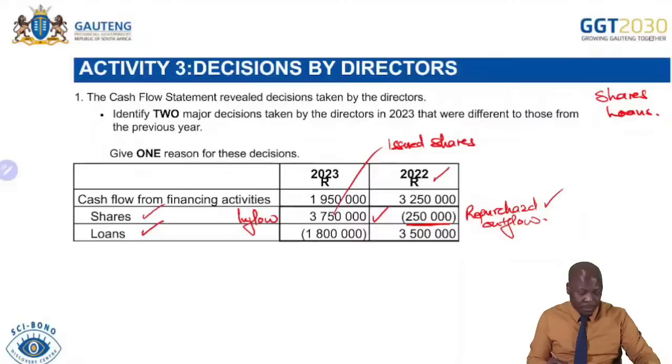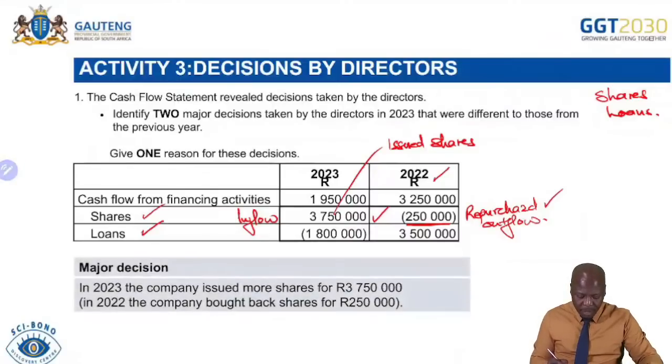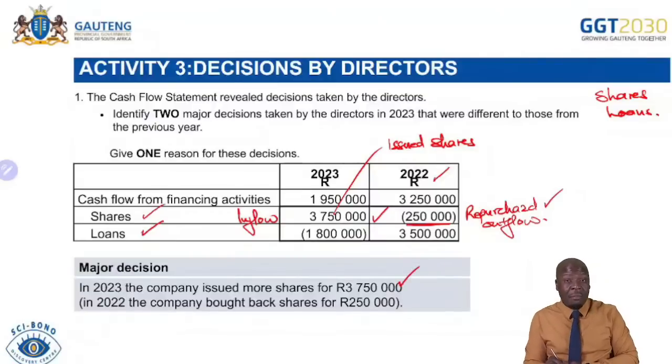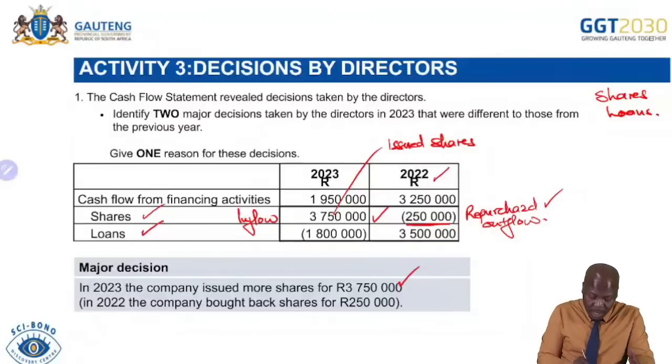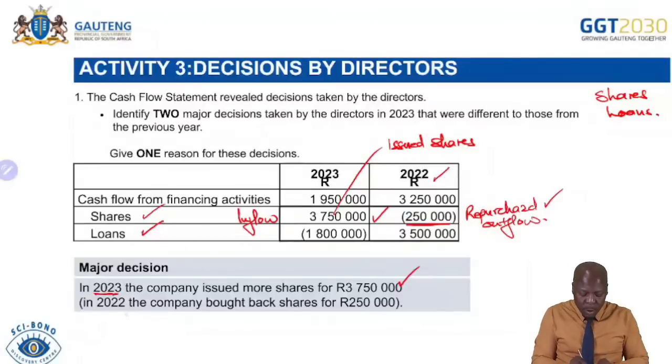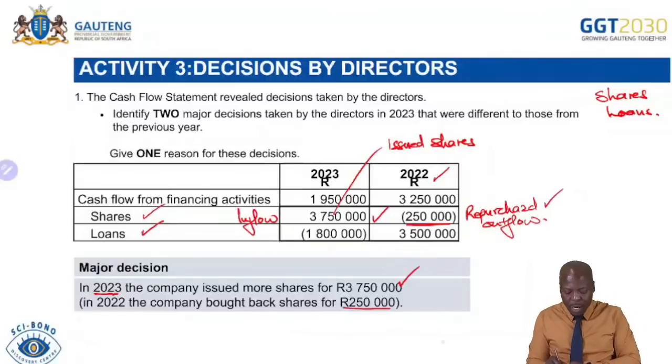So let us therefore see if we can talk about that. In 2023, the company issued more shares, and we received 3,750,000 rands because we've issued shares. Whereas in 2022, the company bought back shares and they paid 250,000.